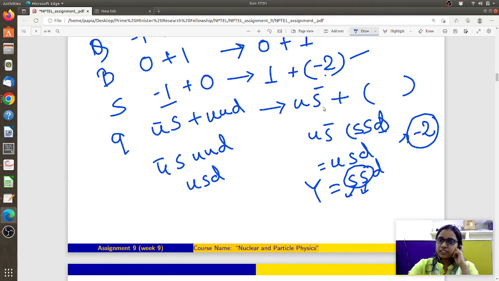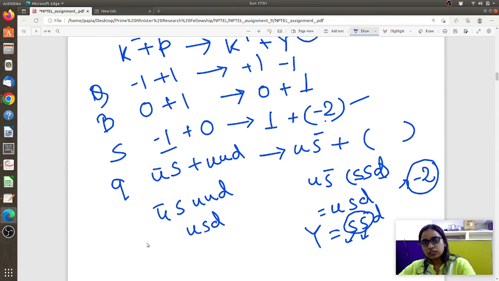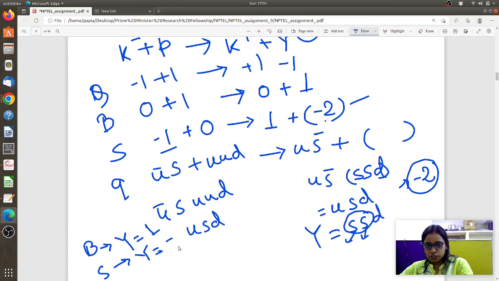So the answer to that question is also written here: B for Y is 1, S of Y is -2, and quark content of Y is SSD. So these three are there.